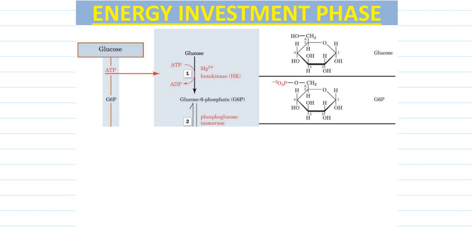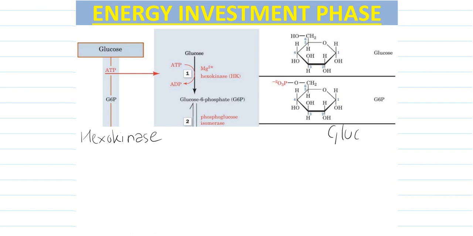Also, you must have noticed I was mentioning two enzymes, hexokinase and glucokinase. These hexokinase and glucokinase are isomers of each other.